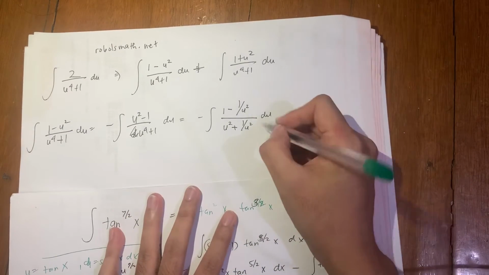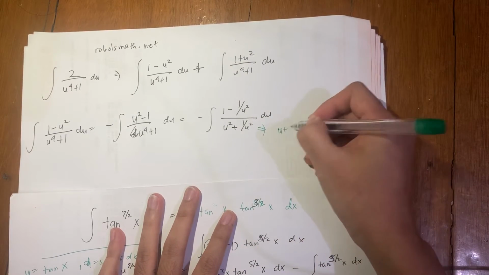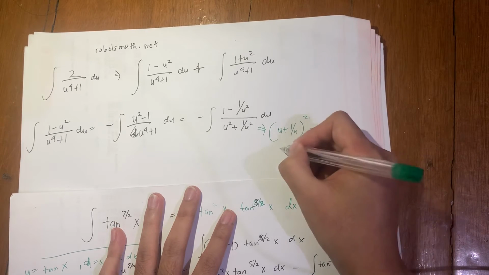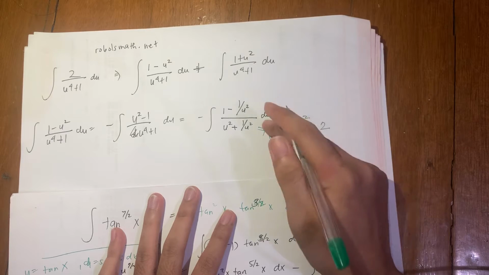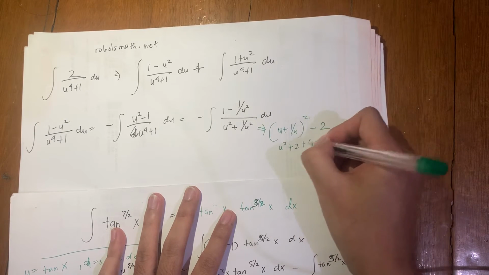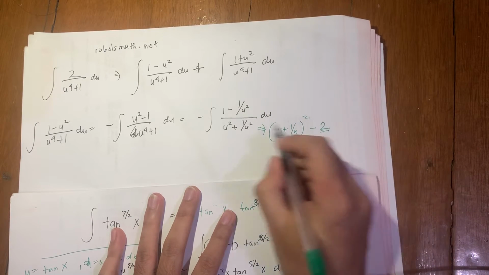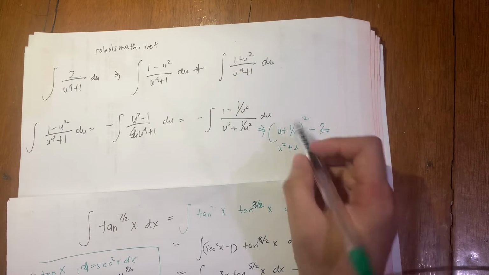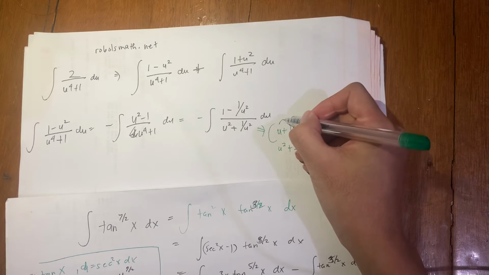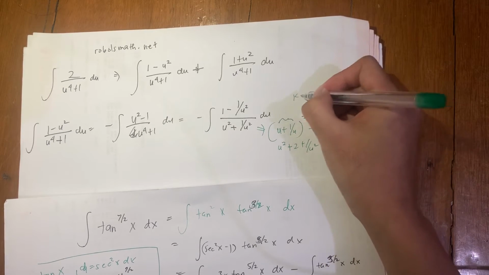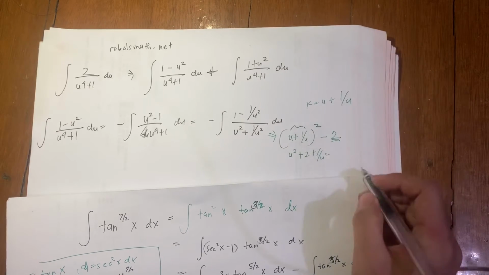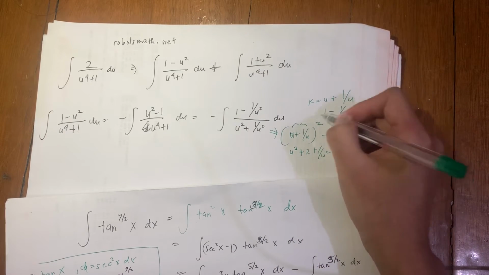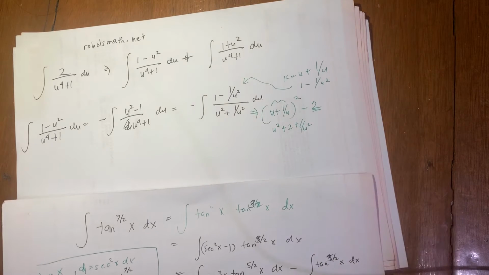So if I express this as (u plus 1 over u) squared, I just have to subtract 2, because if I expand this, it is u squared plus 2 times u times 1 over u, that's 2. So I just subtract 2 from here. Why am I doing this? Because if I make use of the substitution k equals u plus 1 over u, the derivative of this is 1 minus 1 over u squared, which is the same as the numerator.